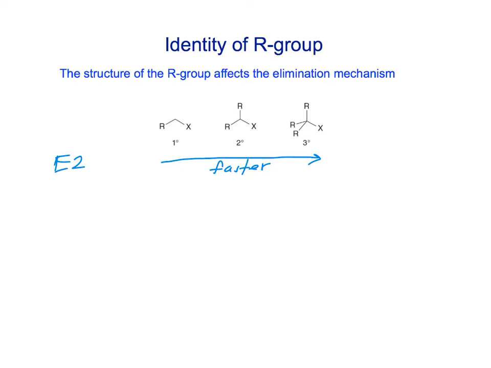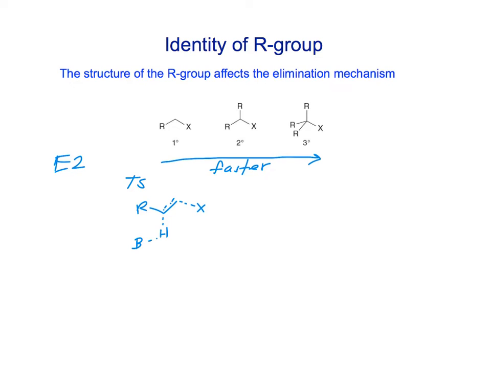The reason for this has to do with the energy of the transition state. If we have a primary alkyl halide, let's do it. We're going to have to add an extra carbon on here. We're going to be breaking the bond to the leaving group, forming the double bond, and removing a hydrogen on the beta position.